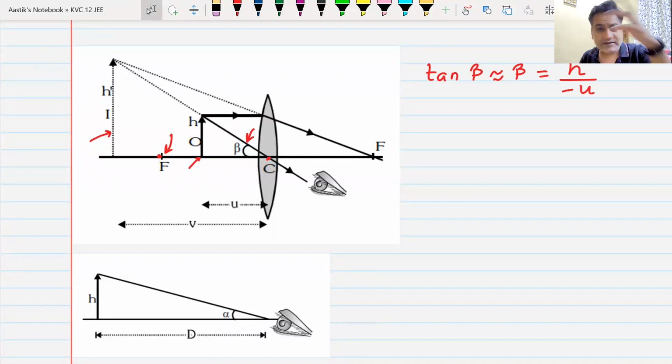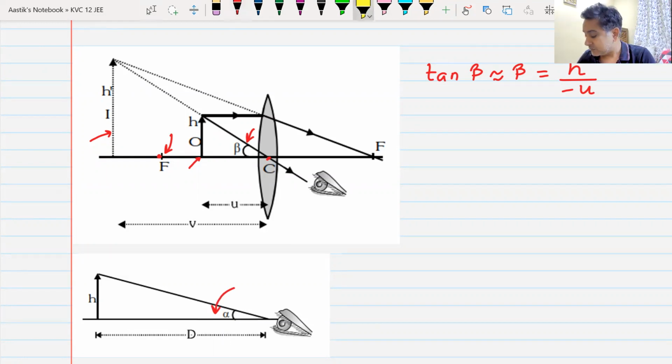We imagine that there is no instrument, and then we look at that object, and we find out this angle alpha. This angle alpha is the angle subtended by the object at the unaided eye. We are not using any instrument. We are just looking at that object and finding out what angle that object subtends at our eye.